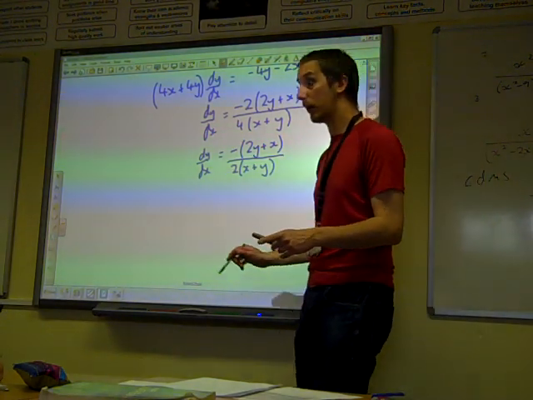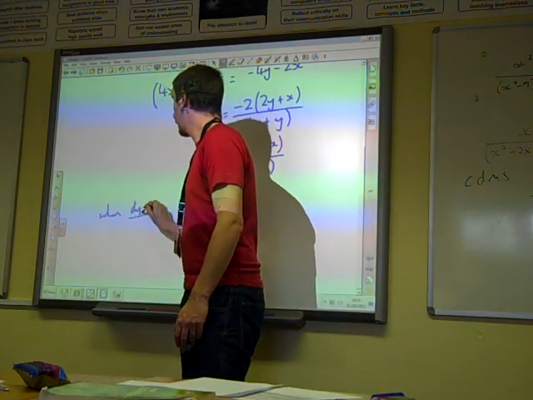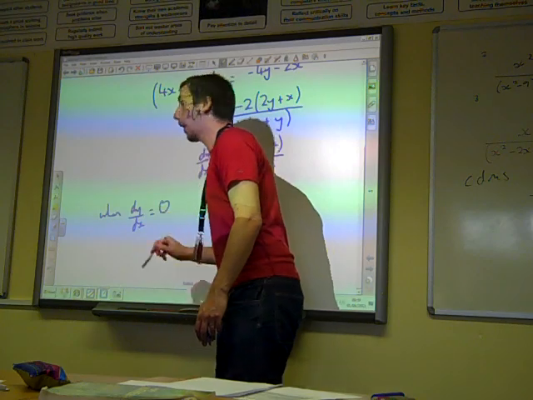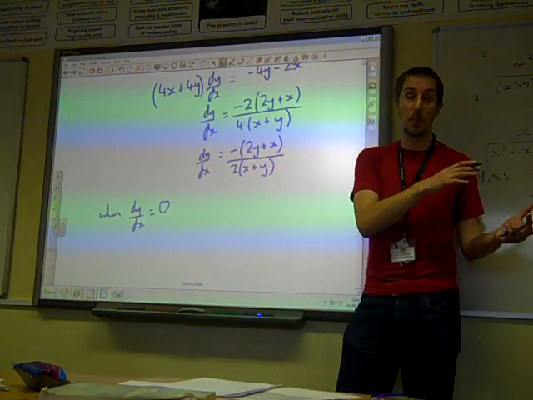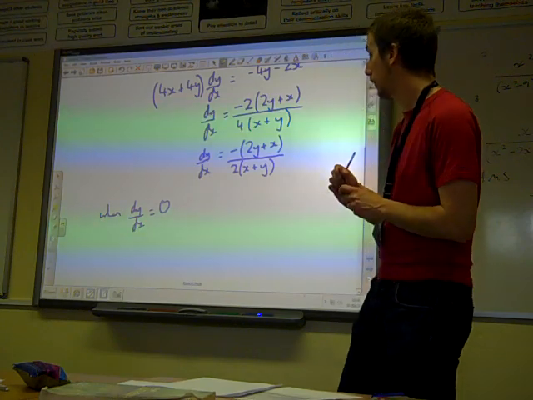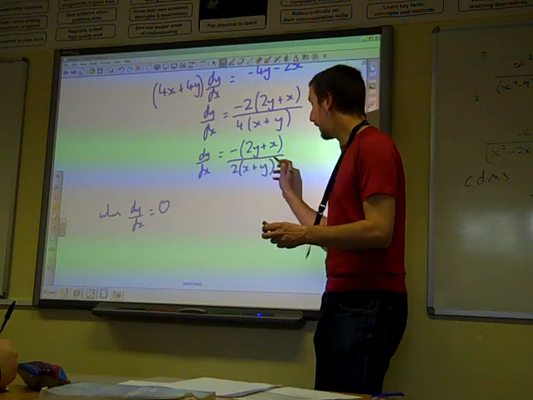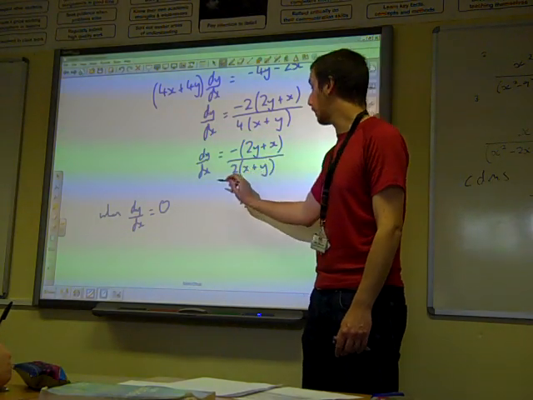Now, stationary points happen when dy by dx is 0. Again, we're looking back to Core 1 and remembering how we define stationary points. If dy by dx is 0, then that means that this little expression here is 0.